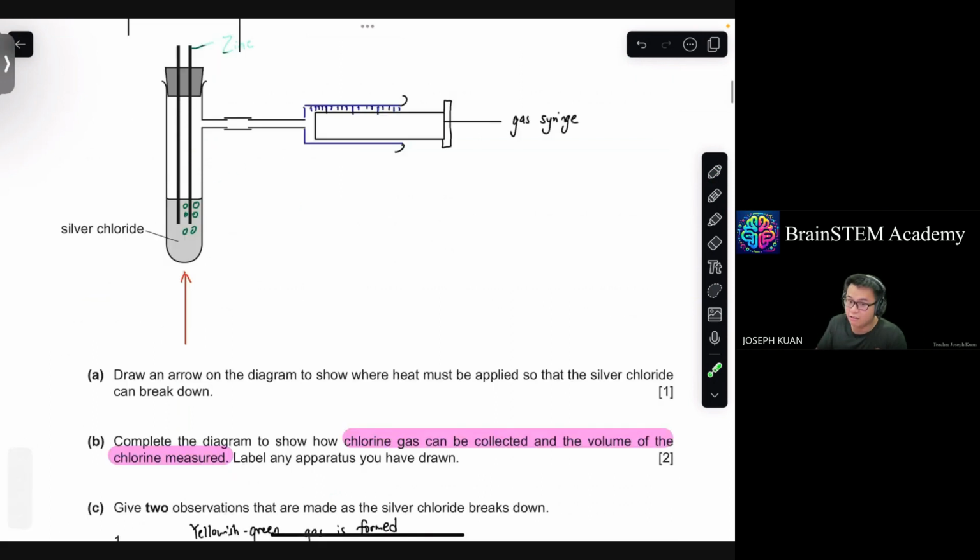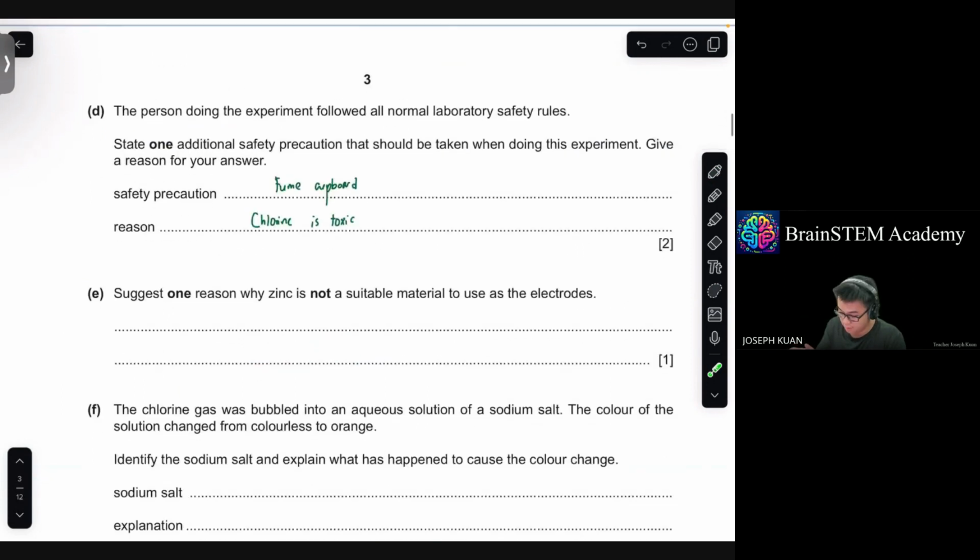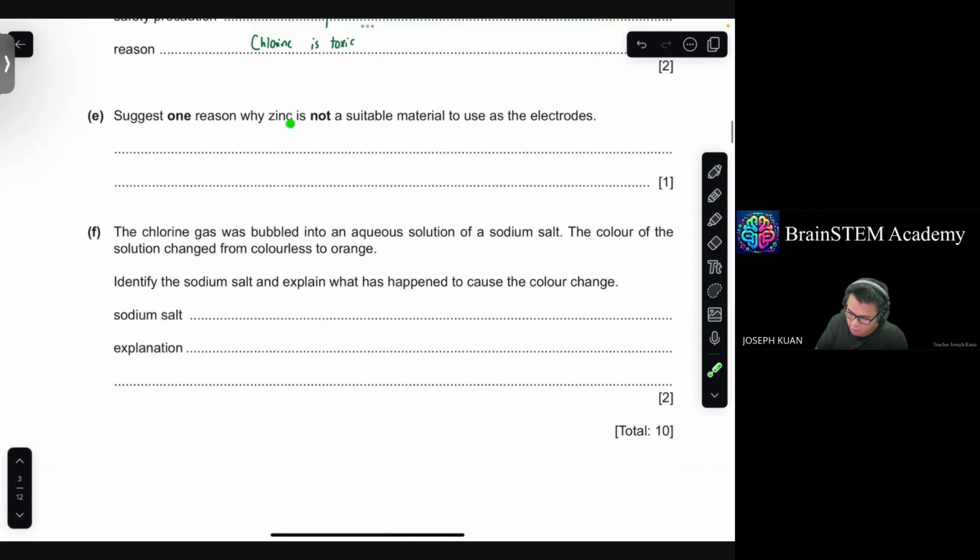So as a result, the outcomes get affected. You don't want it to happen. In paper 4, remember that zinc is an active electrode, but in the context of paper 6, you should just mention that zinc is able to react with the chlorine formed.